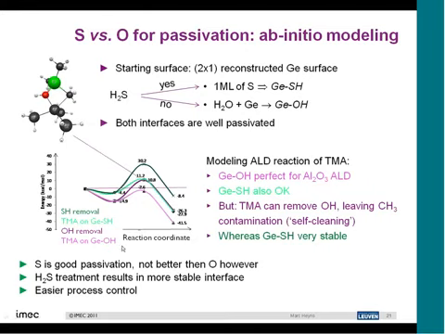The TMA can also remove the germanium-OH bonds. So the TMA works on the sulfur passivated and the OH passivated surfaces, while the sulfur bond on itself is stable, and that's why you make this germanium oxide kind of layer on the surface.